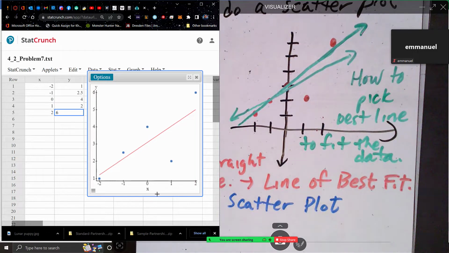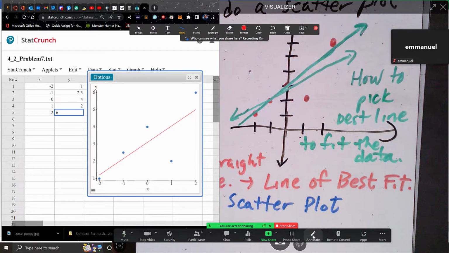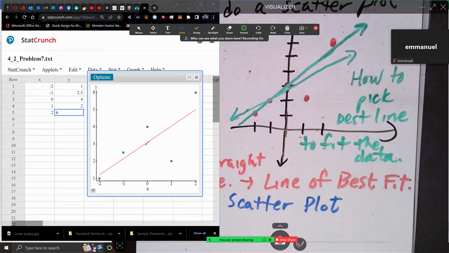The way they figure out the best fit, and I'll go through this on equations in a second, but I think showing it pictorially helps. What they're doing is they're finding this vertical distance right here between the dot and the line.